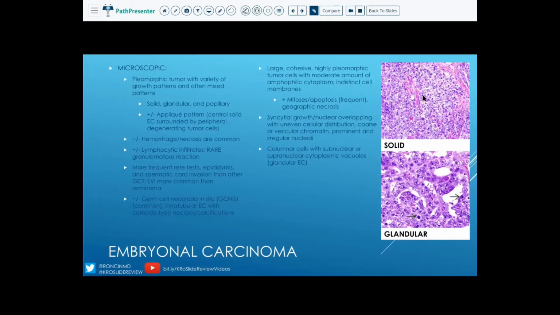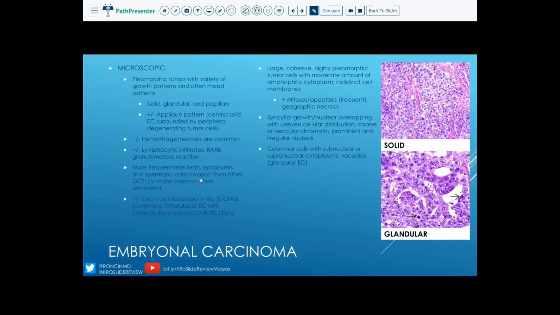You can see this appliqué pattern. Appliqué pattern just means that you have this solid architectural pattern that's basically surrounded by necrosis or degenerating tumor cells, so apoptotic bodies and stuff like that. So it gives this appearance like the carcinoma is applied on top of the testicular tissue. So that's the appliqué. Hemorrhage and necrosis may be seen and are very common. You may also see lymphocytic infiltrates as well as rare granulomatous reactions. Remember, we also have granulomas in seminoma.